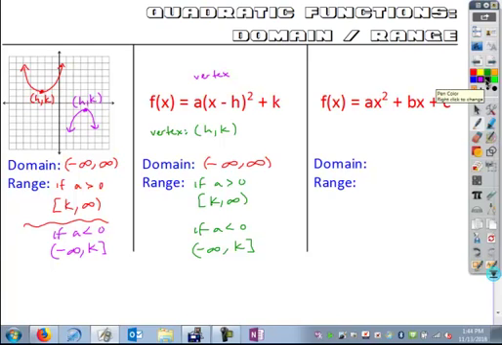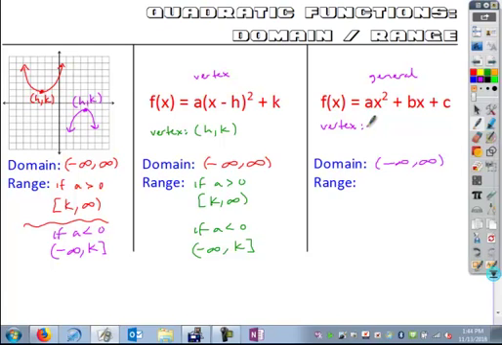In general form, the domain is still going to be the same: all real numbers, negative infinity to positive infinity. But now when we're identifying the range based on whether the leading coefficient is positive or negative, we have to find the y-coordinate of our vertex.